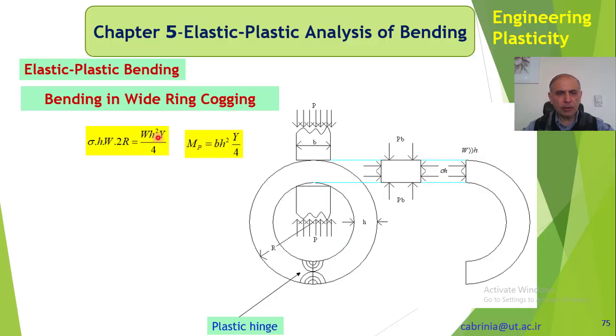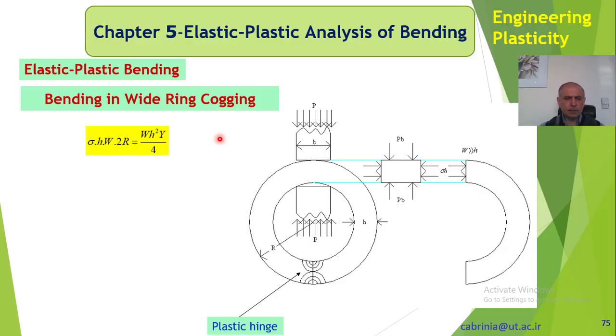W is B here, h squared y over 4. So that's the complete plastic moment, bending moment, and we have put it equal to this virtual work that we have here, and just like before, we get this relationship, sigma is equal to h y over 8r.